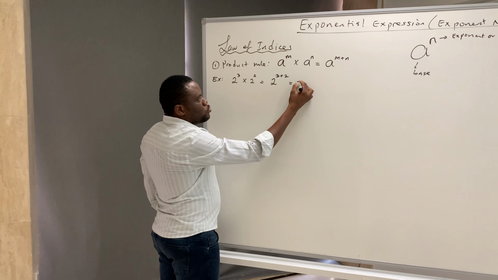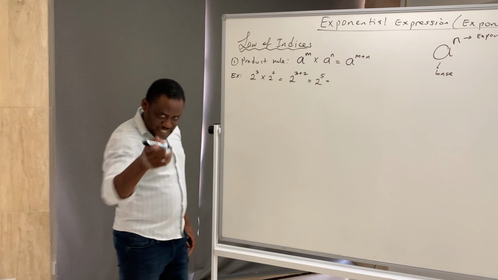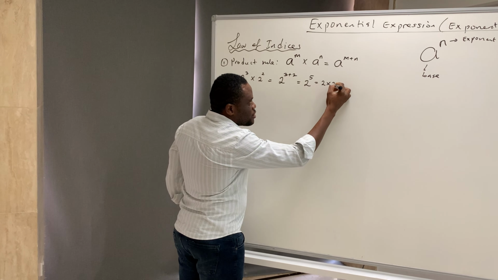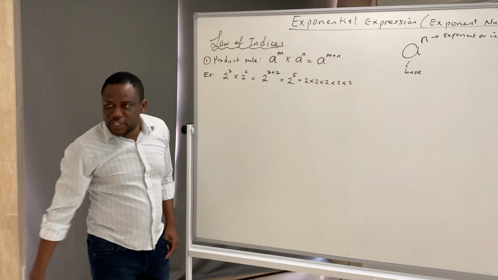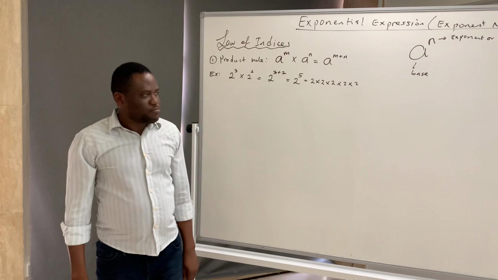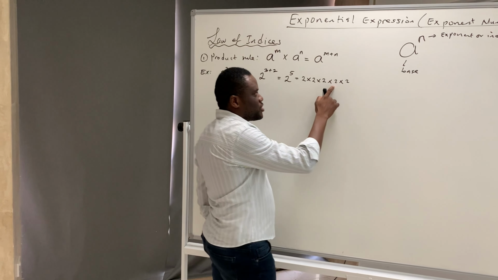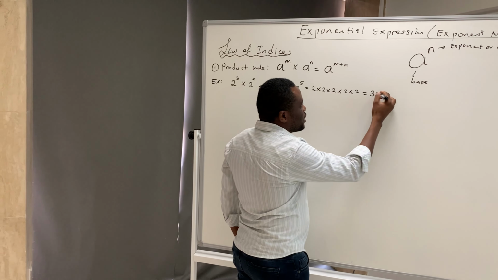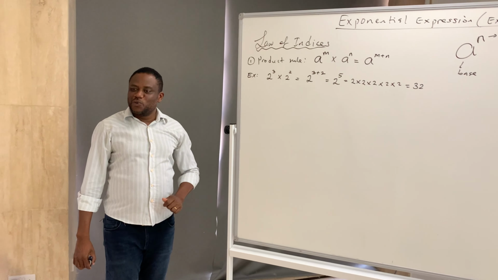That is 2 to the power of 5. It means 2 times 2 times 2 times 2 times 2. Don't say 2 times 5, it is wrong. So 2 times 2 is 4, times 2 is 8, times 2 is 16, times 2 is 32. So the result is 32.